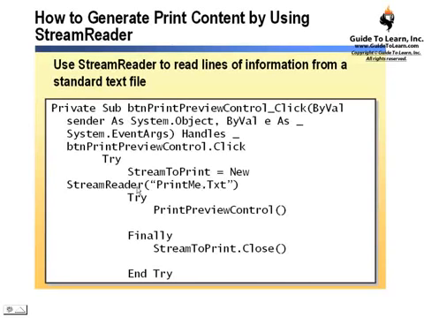And what a stream reader does is it opens up this specific file, printme.txt. And then you show the print preview control, and this print preview control could be a procedure that starts reading that file and putting it as a document and giving it to the print preview document itself, and start working with it.